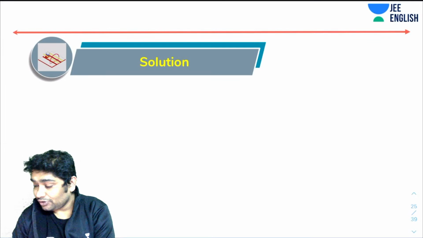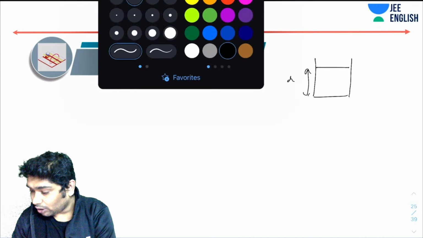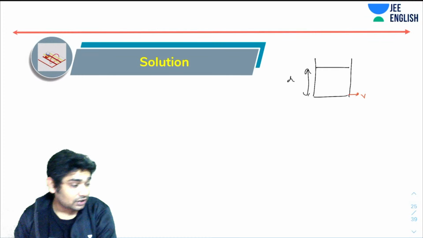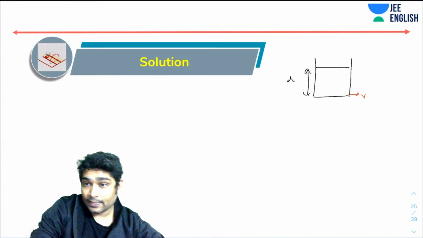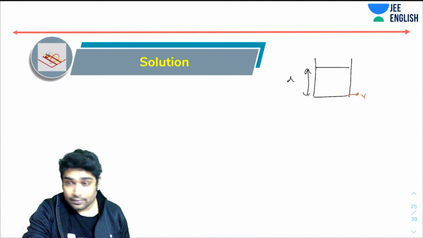So let's see how you would have approached it. At any instant, if the height here is h, the velocity of efflux at the bottom, how much will that be?